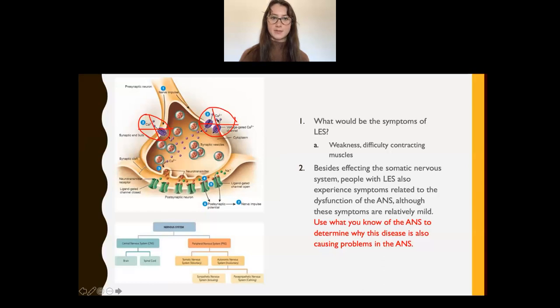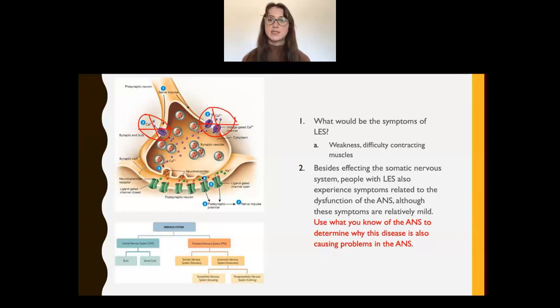If calcium can't come in because those channels aren't working, then acetylcholine within the vesicles isn't going to be released from the motor nerve. And if acetylcholine isn't released, then we won't have a contraction at the very end. So some symptoms of LES would be weakness, difficulty contracting your muscles because you're having issues with those voltage-gated calcium channels.